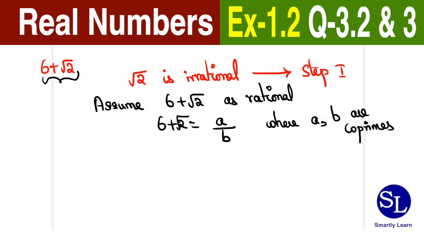Now let us bring the 6 to the other side. So root 2 can be written as A by B minus 6. Take the LCM: root 2 is equal to A minus 6B by B.